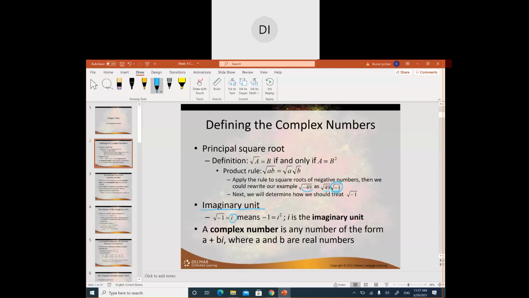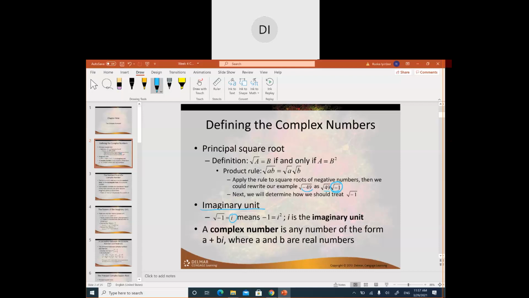This imaginary unit helps us represent even numbers when they're the square root of a negative, because if you put the square root of a negative in your calculator, it's going to give you a domain error, right? So the definition of the imaginary unit is the letter i, the square root of negative 1.